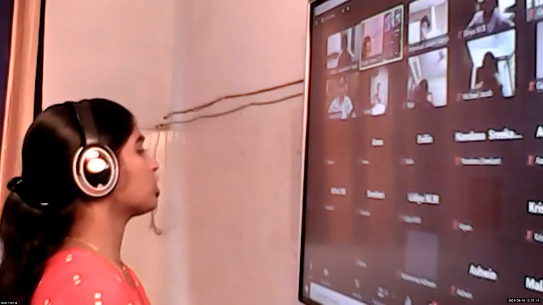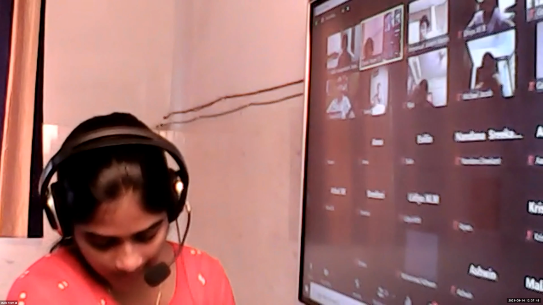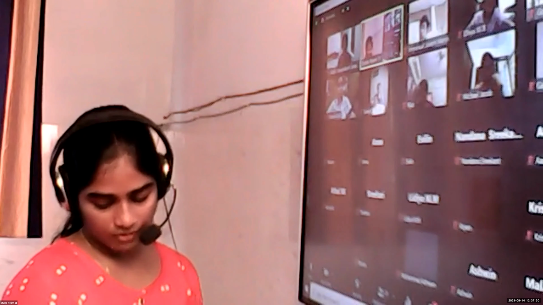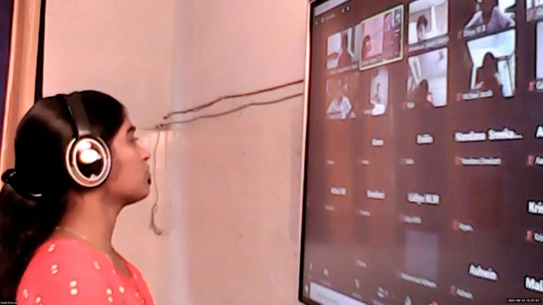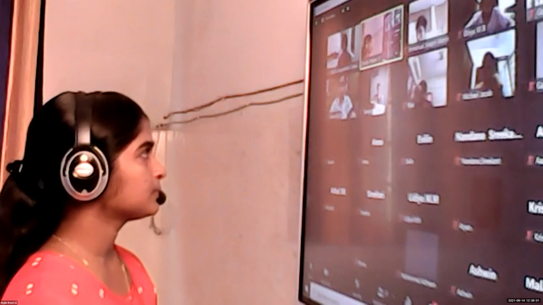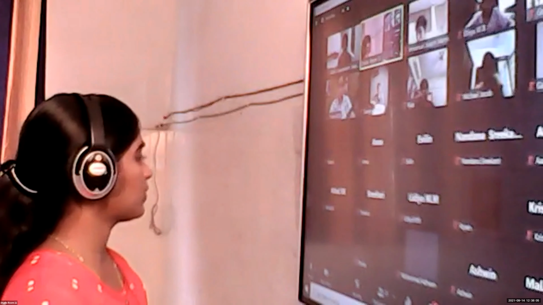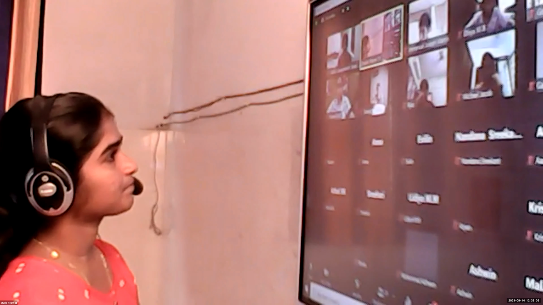So for the enrichment of uranium, uranium combined with ClF3 or BrF3 forms UF6. So these are the uses of interhalogen compounds. Clear, children? Any doubt about interhalogen compounds? Clear, right?